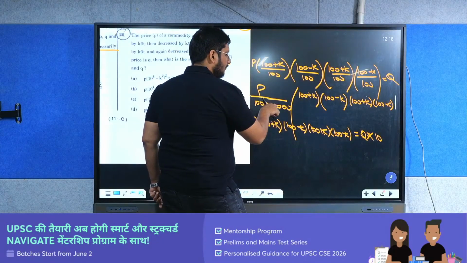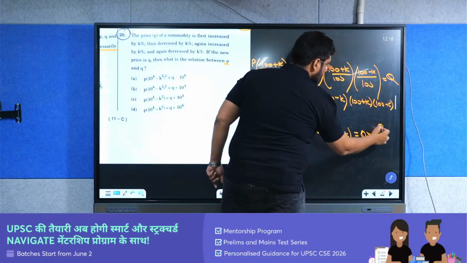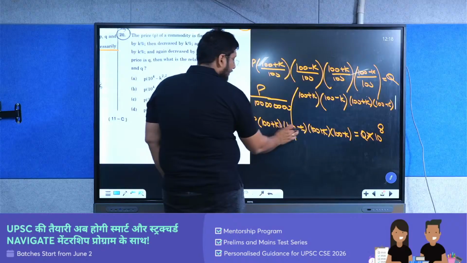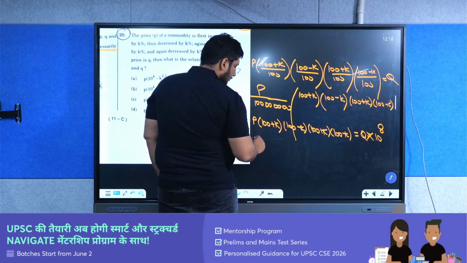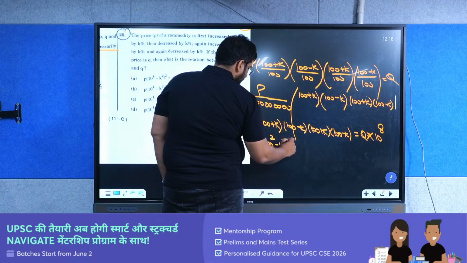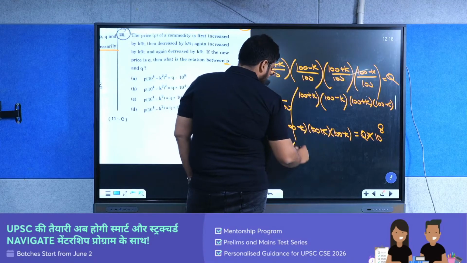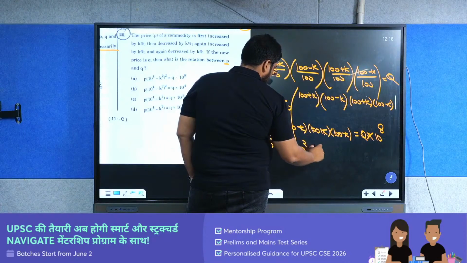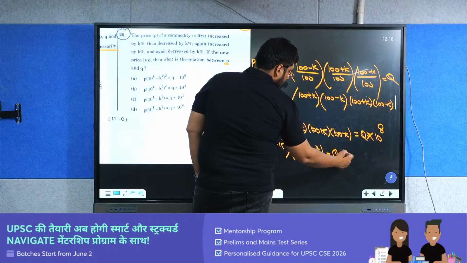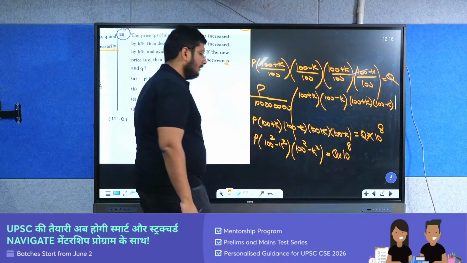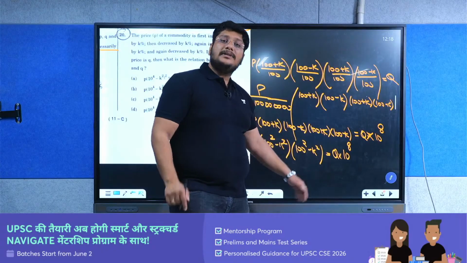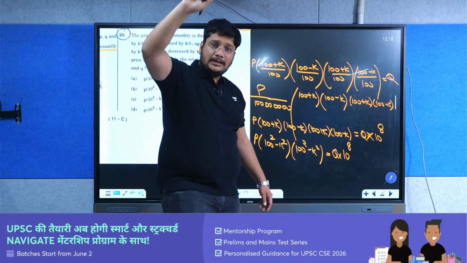1, 2, 3, 4, 5, 6, 7, 8. Done. (A plus B)(A minus B) whole square, that is (100 square minus K square). Again same, (100 square minus K square) is equal to Q into 10 to the power 8. A square minus B square into A square minus B square, that is (A square minus B square) whole square.